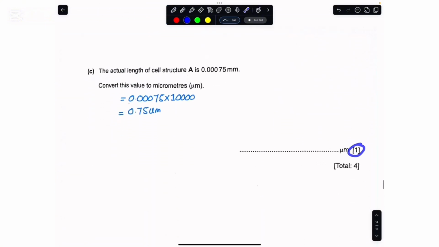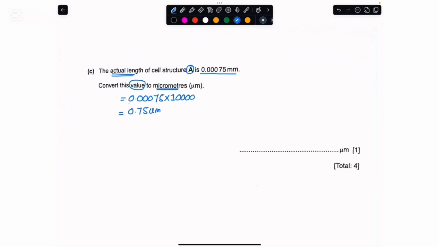Now, again, for 1 mark, they have asked you to interconvert the units. They say that the actual length of the cell structure A that they have shown you above is 0.0075 millimeter, and the examiner wants you to convert this value to the micrometer.